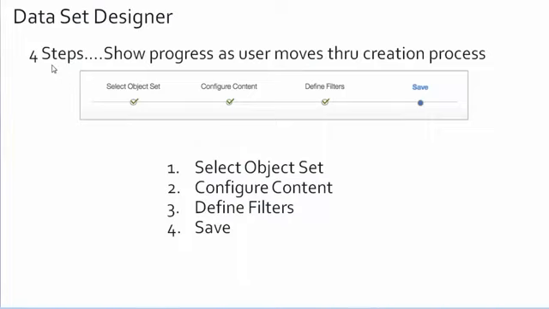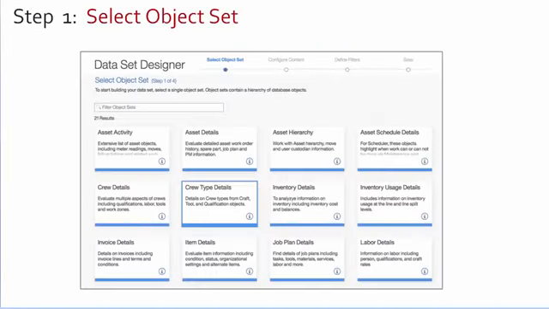The 4 steps, which are shown at the very top of the Dataset Designer, show the progress as our user moves through the creation process. In the first step, they're going to select their object set, configure their content, define the filters, and in the last or the 4th step, they'll actually save the data set so it can be accessed in the future.